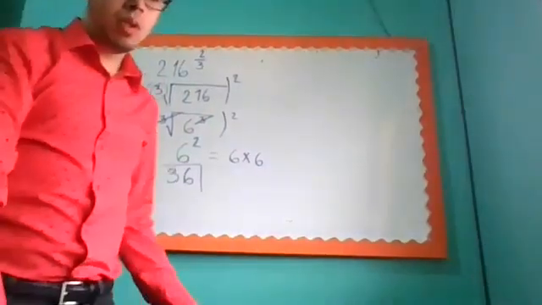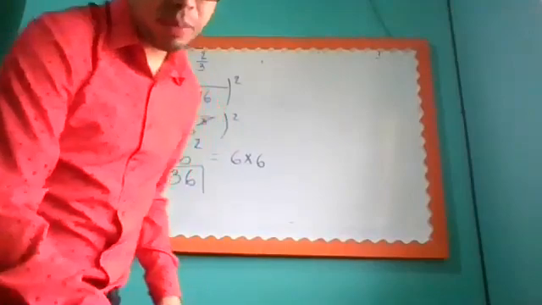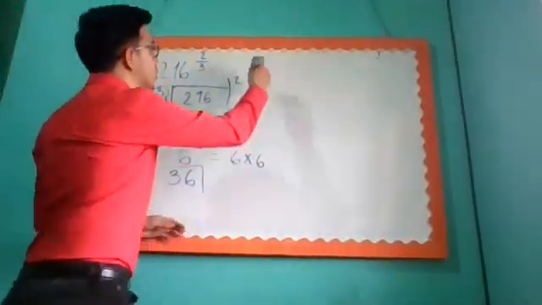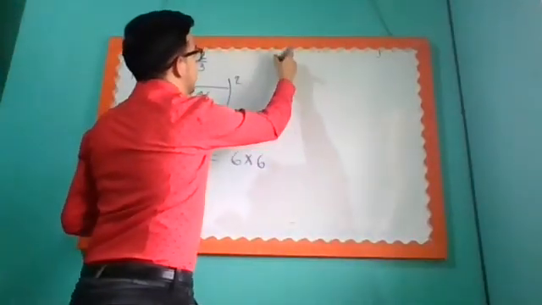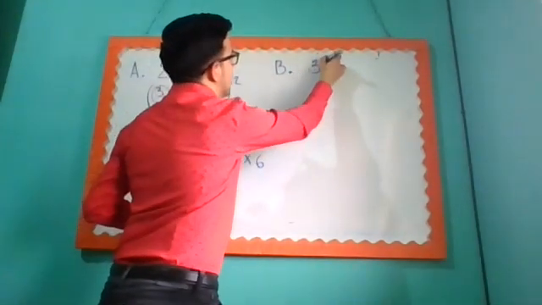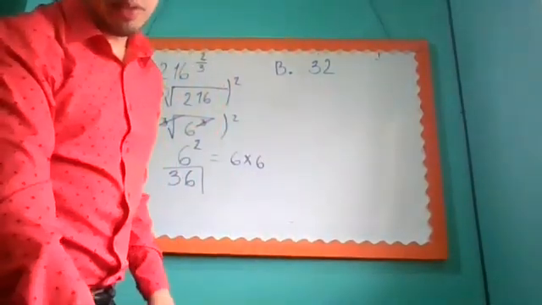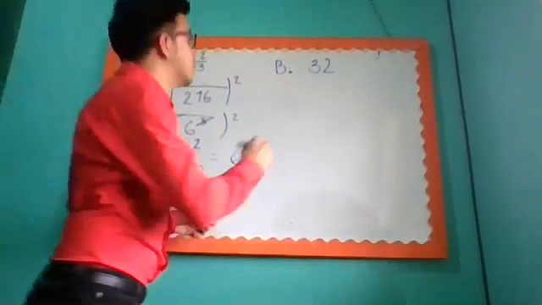Okay, so for the example B, we have 32 to the power of 4/5.